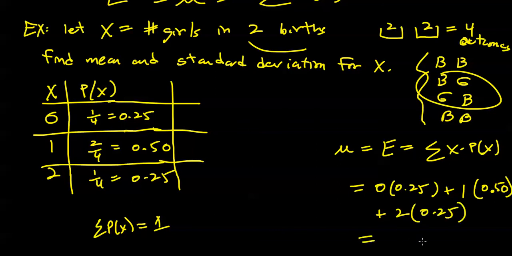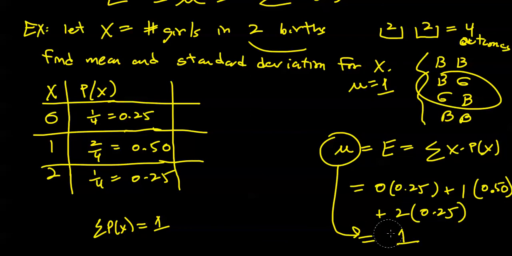And if I multiply all this out and add up, well, 0 times anything is 0, 1 times 1/2 is 1/2, and 2 times 1/4 is 1/2, and those add up to 1. So the mean for this random variable is 1. Let me write that down up here. The mean is 1, because now I'm going to use the space to compute the standard deviation. And that's a little harder.